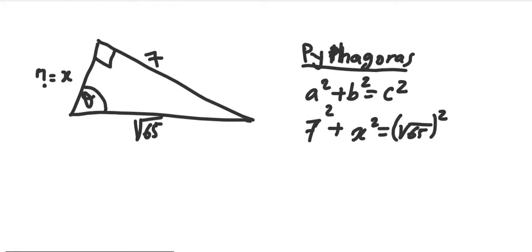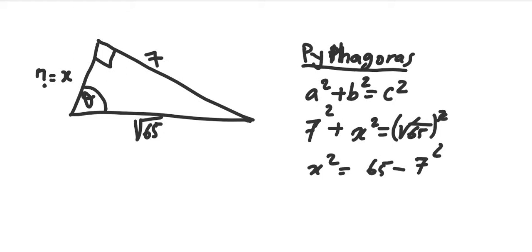Now I will have x squared is equal to 65, because I have the square root of 65 all squared. The square root and the square cancel each other, and I will obtain 65 minus 7 square.